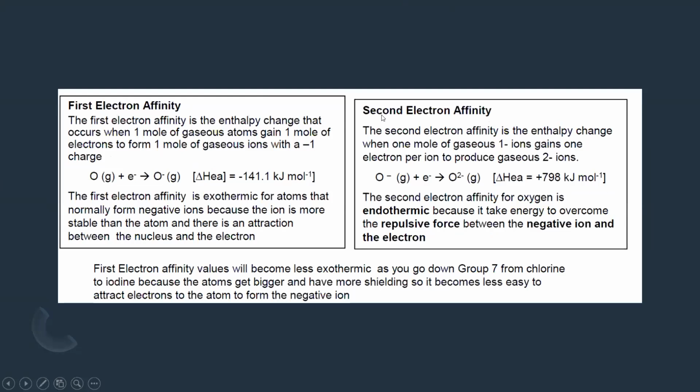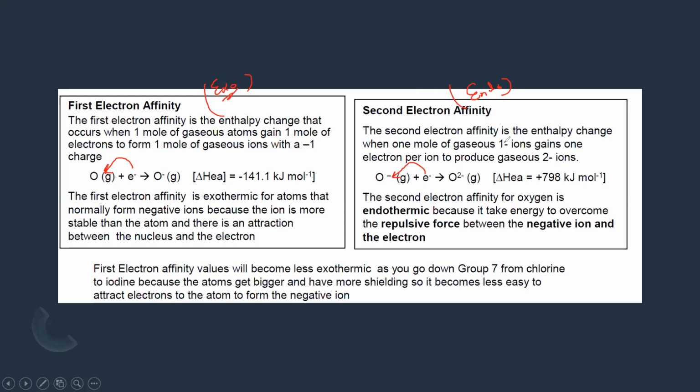First electron affinity and second electron affinity. The first electron affinity is the energy released when an electron is added to a neutral atom, and the second electron affinity is when an electron is added to an already charged ion. So the first electron affinity is always exothermic, but the second, third, fourth are all endothermic.